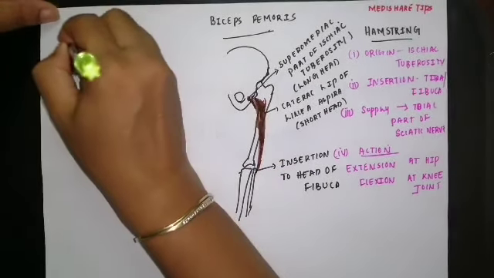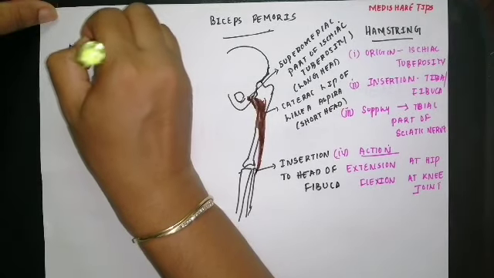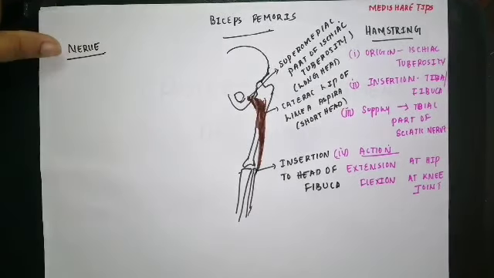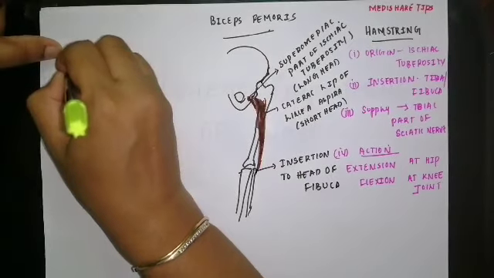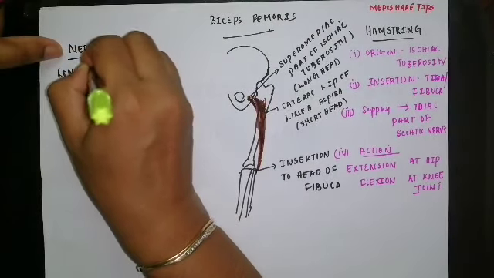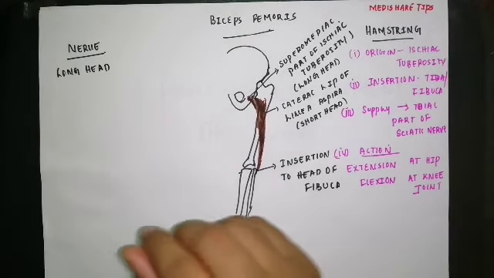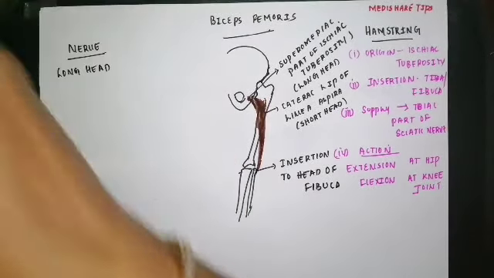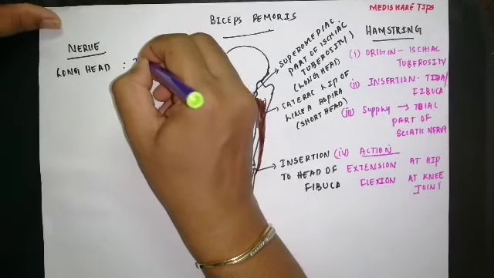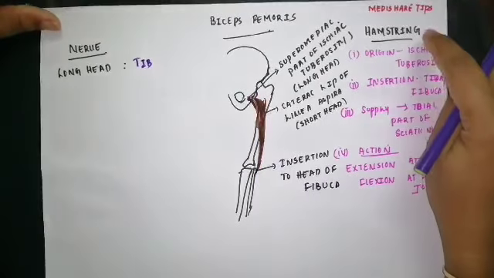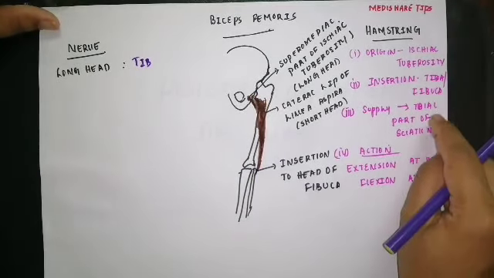Now what is the nerve supply of this? The long head is a hamstring muscle, so its nerve supply is by the tibial part of sciatic. Now we have said that hamstring muscle should be supplied by the tibial part of sciatic.